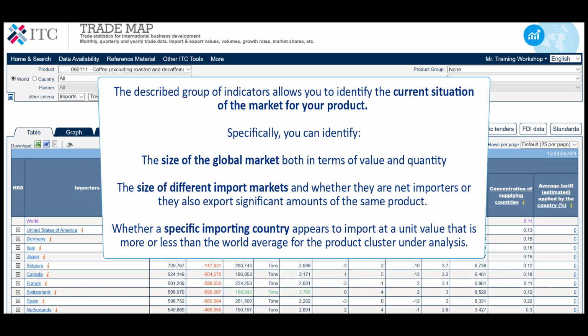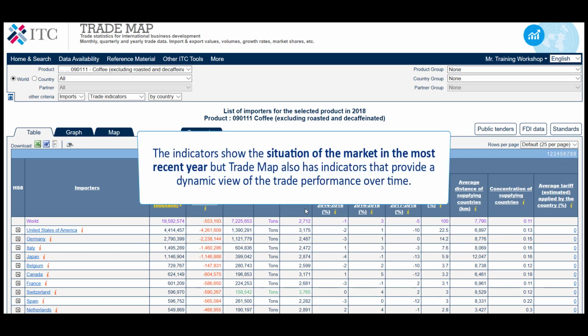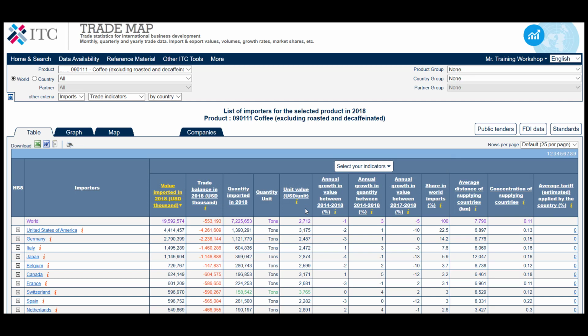You can also see whether a specific importing country appears to import at a unit value that is more or less than the world average for the product cluster under analysis. The indicators show the situation of the market in the most recent year, but TradeMap also has indicators that provide a dynamic view of the trade performance over time. We will see how to use these indicators in another video.